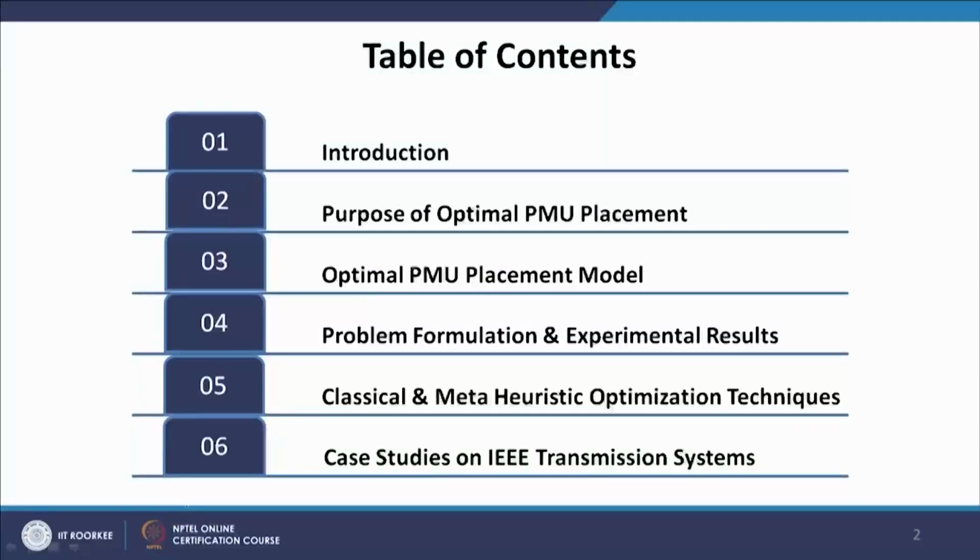Now, let us see what topics we will be covering today. First, introduction: we will see the background, and then the purpose of optimal PMU placements. The very important part of PMU here is the cost. If you wish, you can put a PMU at each and every bus and measure all the variables, that is wonderful.